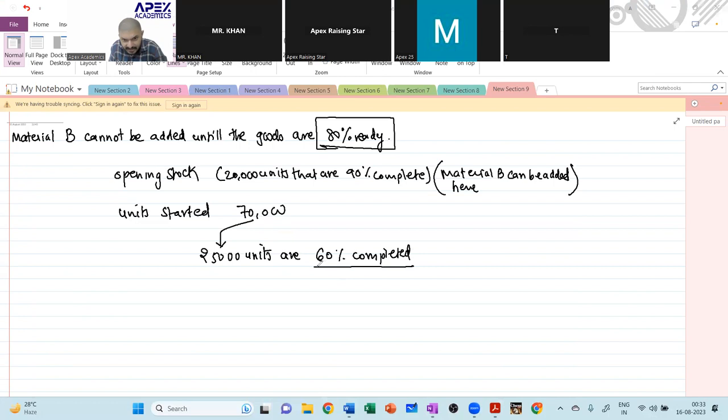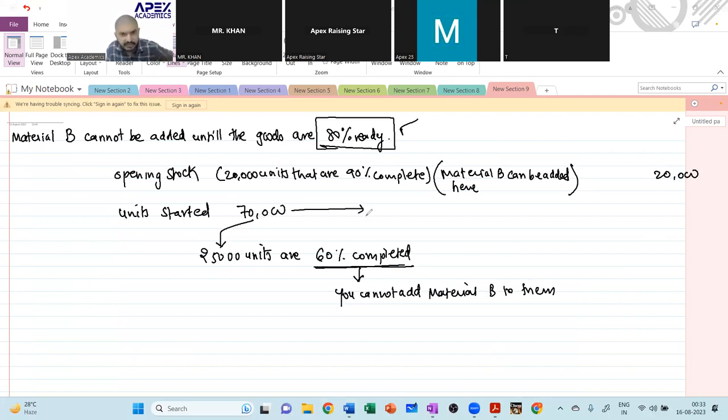If they are 60% completed, you cannot add material B to them. Why? Because they have to be 80% ready for material B to be added. Therefore, out of these 70,000 units, you can add material B to the balance, which is fully ready.